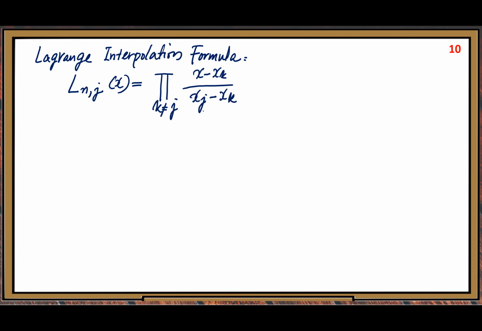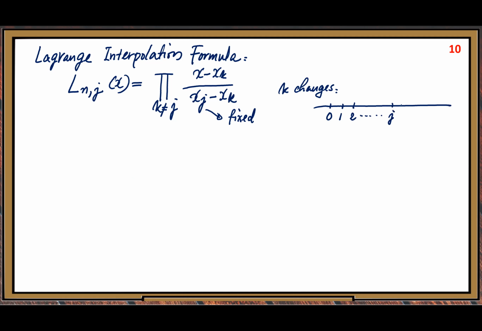But j is fixed. k changes. How does k change? When we choose k, we select from 0, 1, 2, and so on.